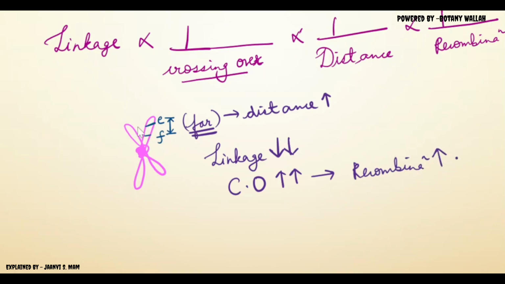And if I talk about the other two genes, suppose here there is A and B. Now you can see the distance is lesser. I will write D for distance.